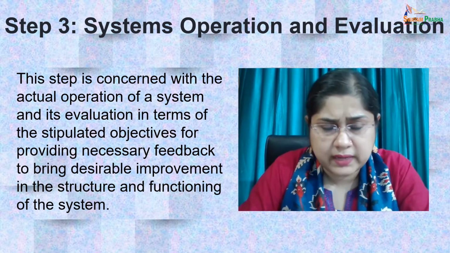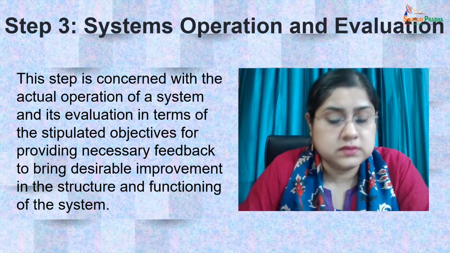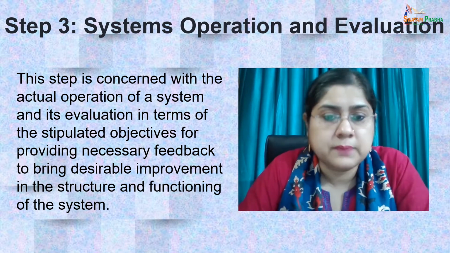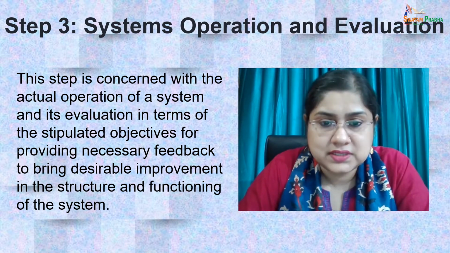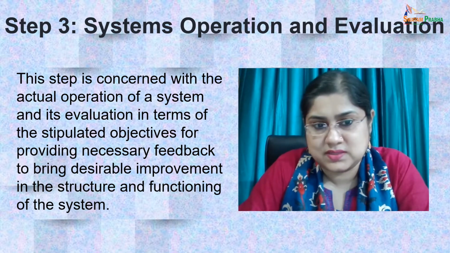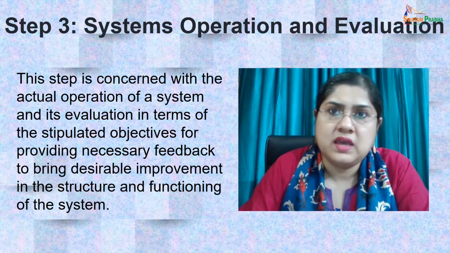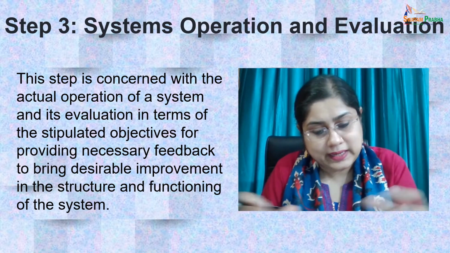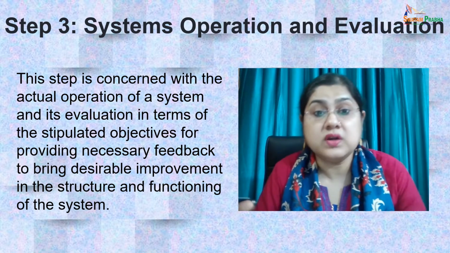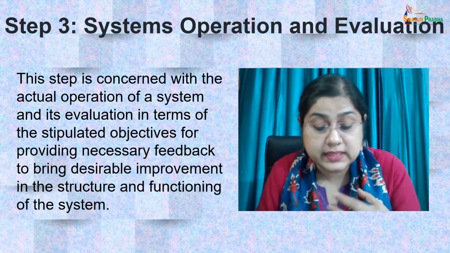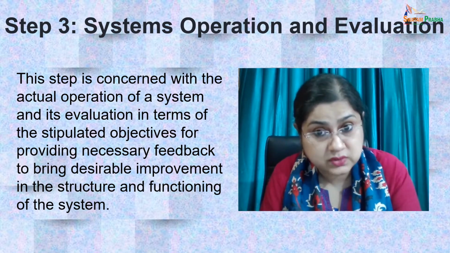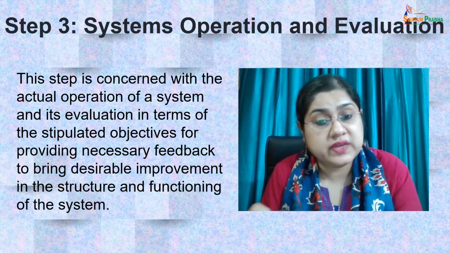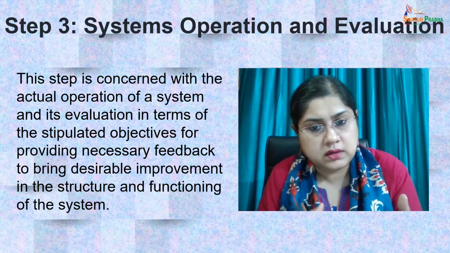Then next, what can be done? By controlling the process and interaction among the elements of the system. At times it happens that once the system is working, the elements of the system are not working very properly. The interaction between the parts of the system is not very swift or fluid.